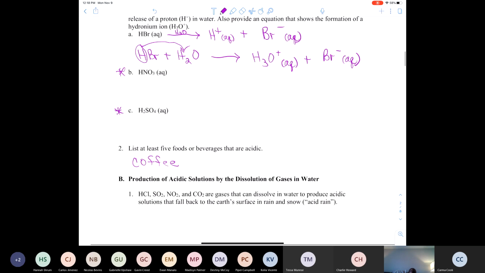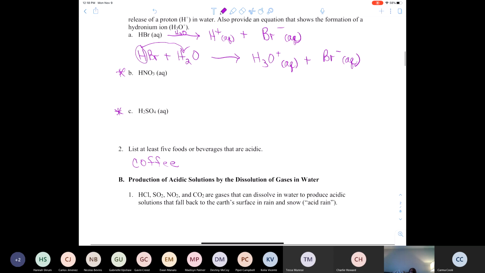So therefore, it's important to make sure your toothpaste has fluoride in it, because the fluoride ion, F minus, in the toothpaste will react with the acids in the stuff you drink instead of those acids reacting with your tooth enamel. So the fluoride helps to neutralize those acids. So that's why it's so important to brush with the fluoride toothpaste. So coffee is definitely one of them, and I'll let you think of 4 more.